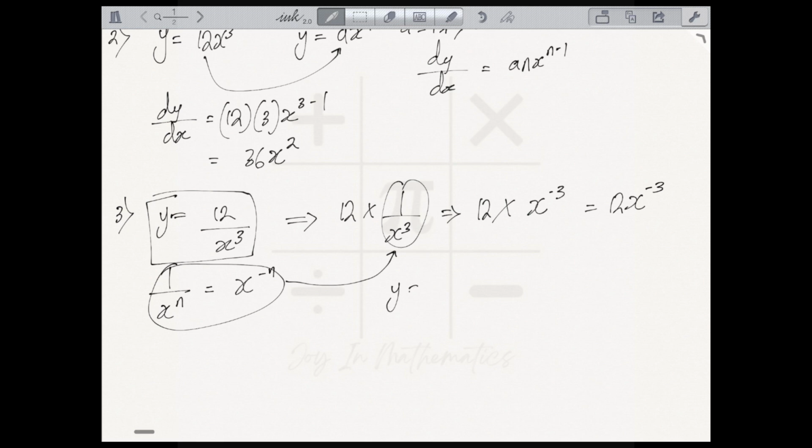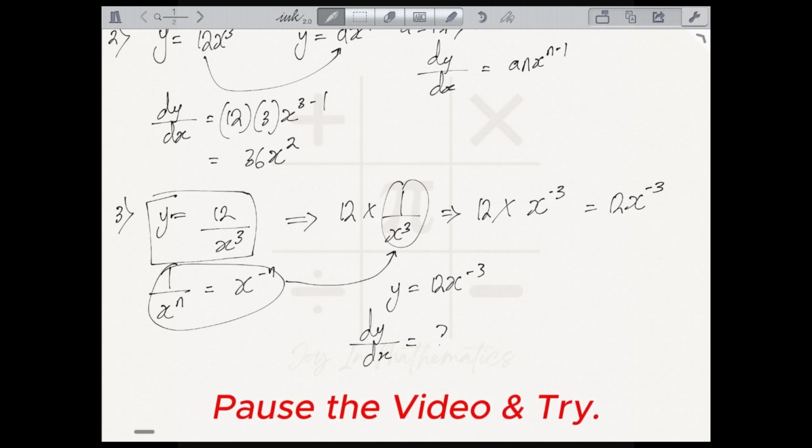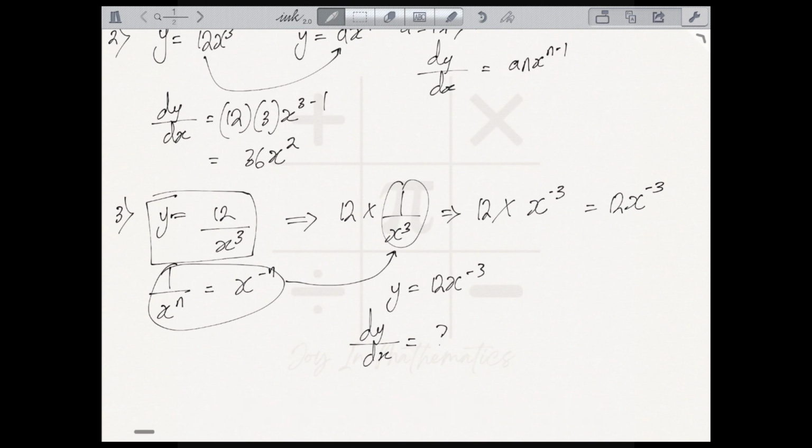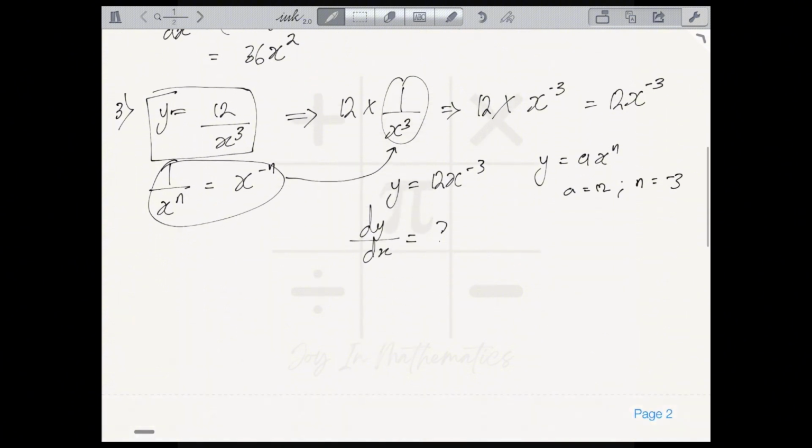So if we have that y is equal to 12x raised to power minus 3, then our dy/dx will be what? Now pause the video and try. Alright. So from here, comparing it to y equals ax raised to power n, we have that our a is 12 and our n is minus 3.